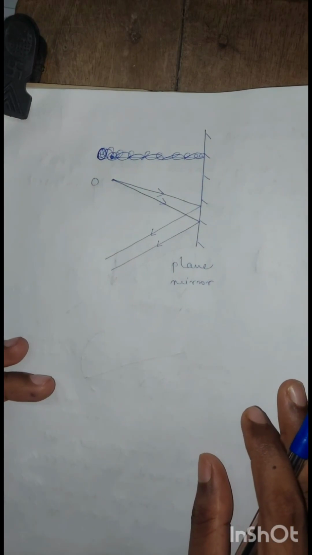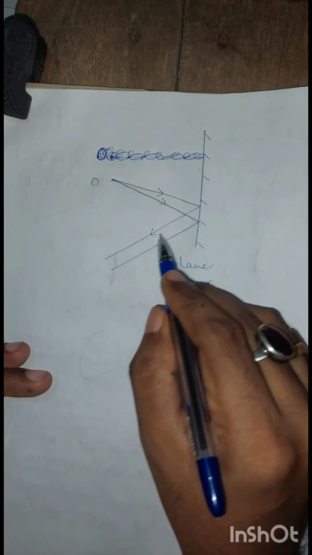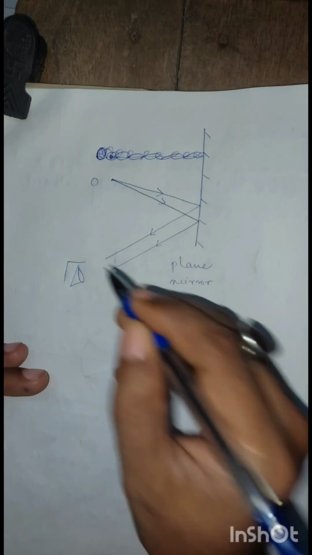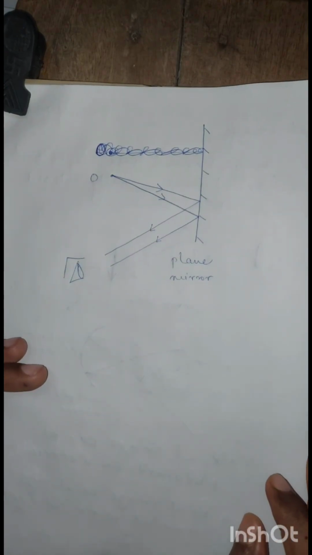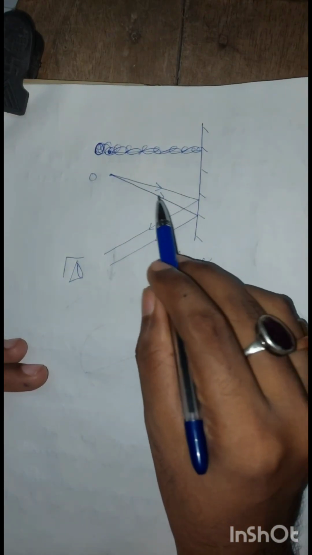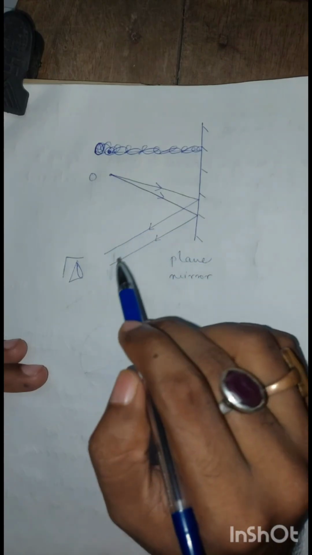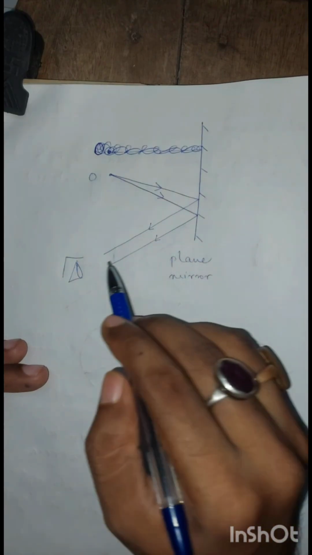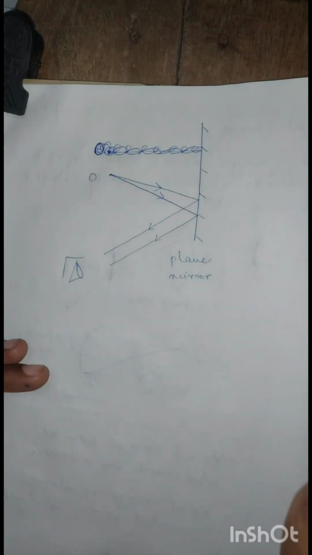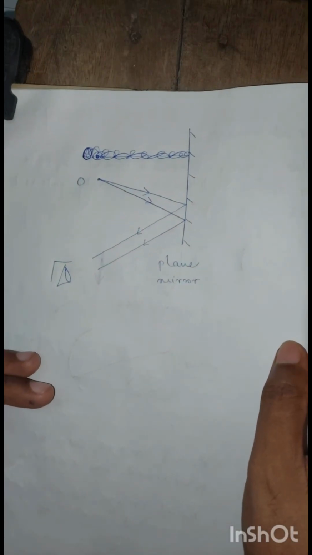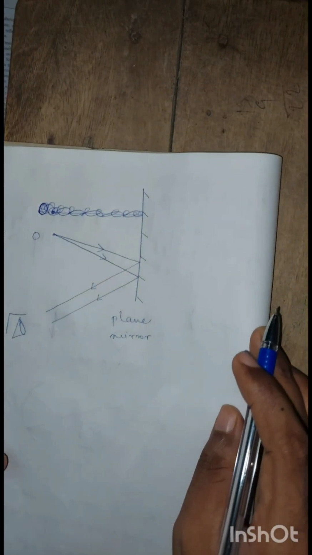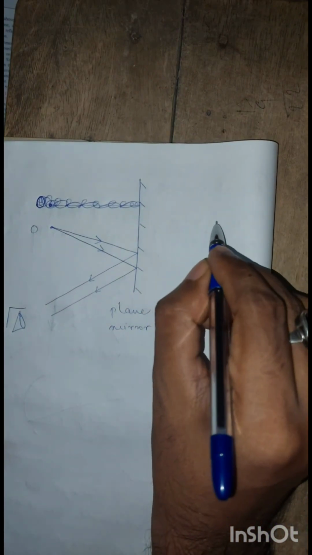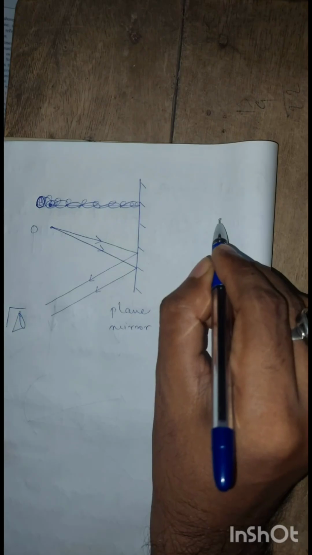When we place our eye in this position, our eye cannot see the bent path.